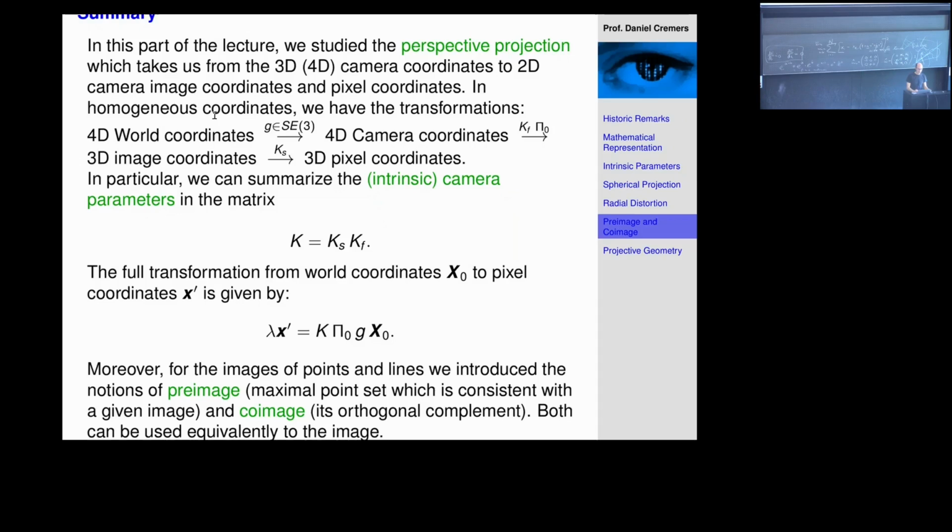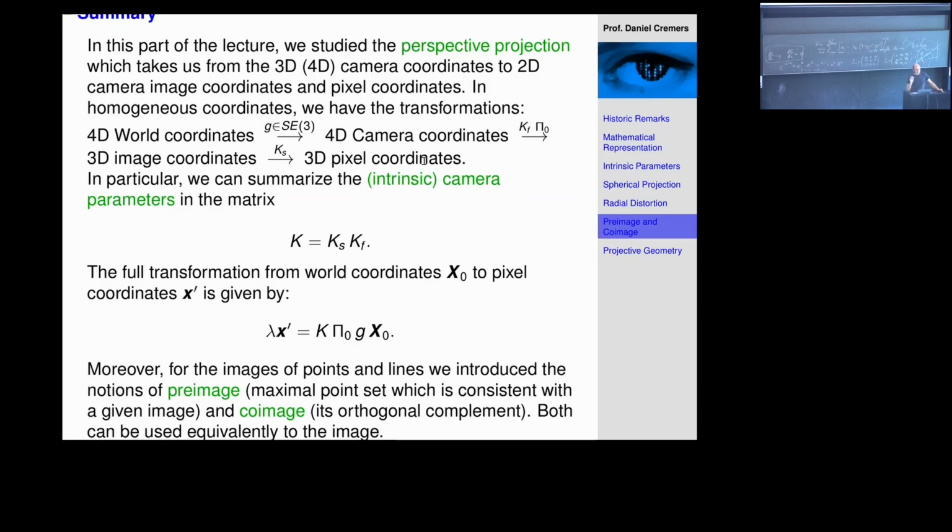If we take homogeneous coordinates, which means we always take the last component being 1, that makes the rigid body motion easier because it's just a multiplication with an element from SE(3), a 4x4 matrix G, that takes us from the world coordinates to the 4D camera coordinates. Then if we do a standard perspective projection and a focal length rescaling, we get to image coordinates. And once we do a rescaling into pixels, that gives us the pixel coordinates.